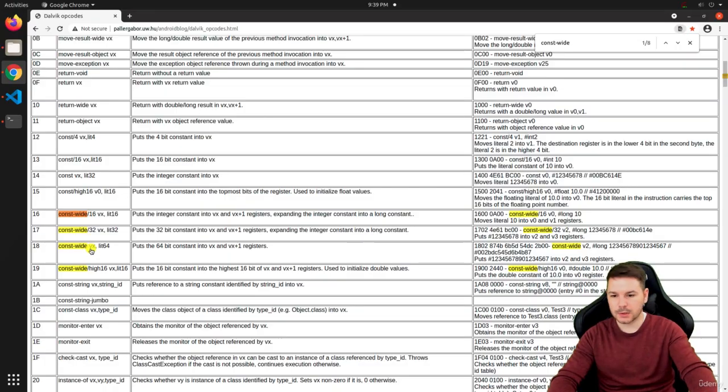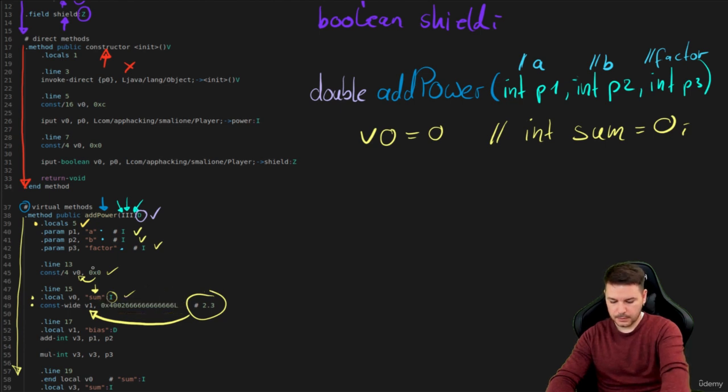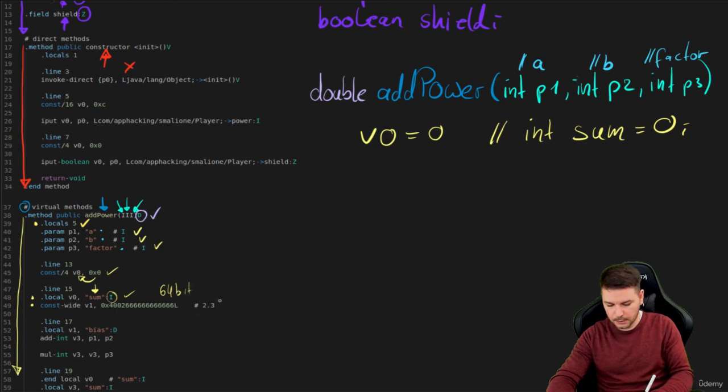In this case, it's v1. There we go. All right, so let me clear this up a little bit. So we can make this as a note: 64-bit, at least this value here, into our register v1.